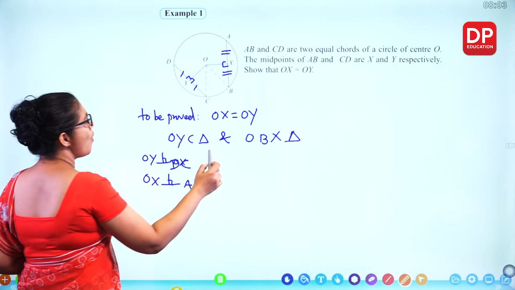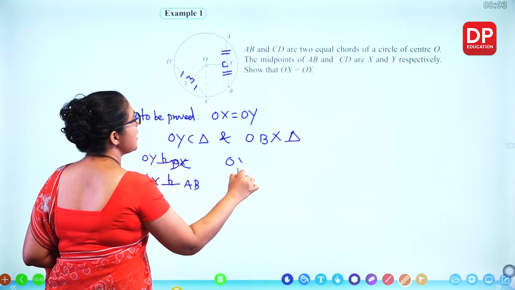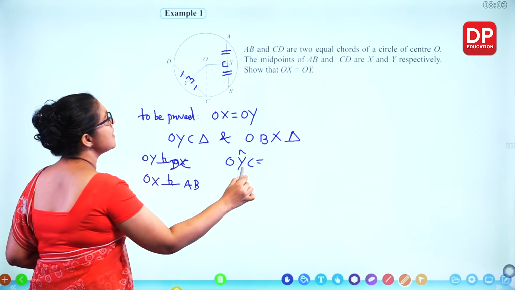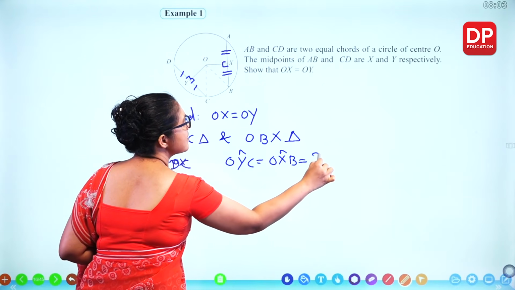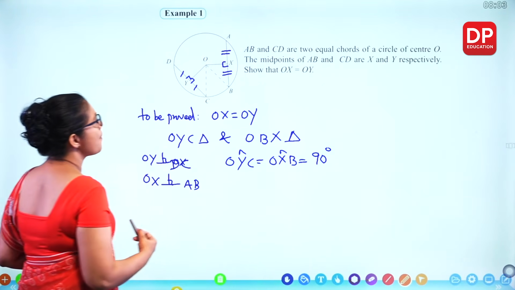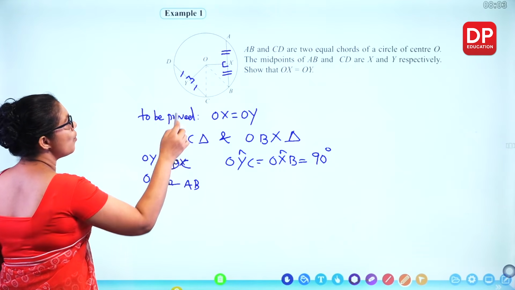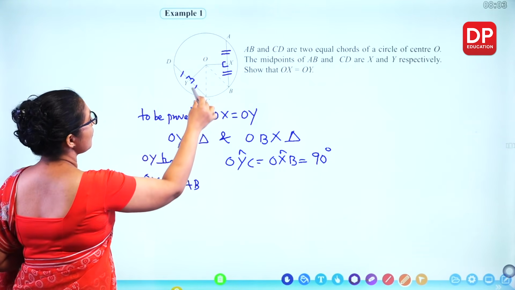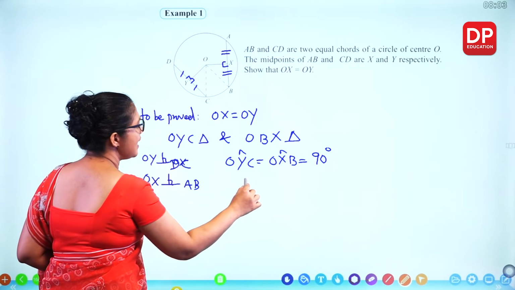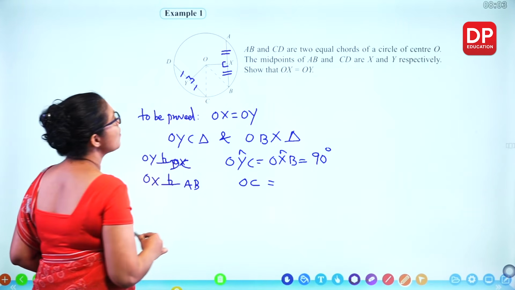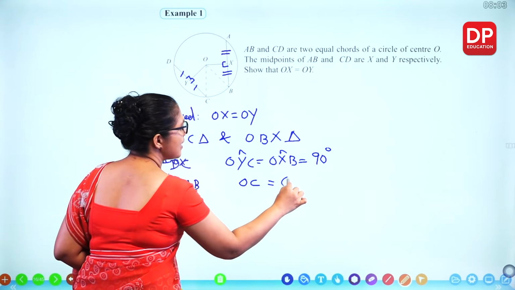And we can see these two are right angle triangles. So here OYC angle is same as OXB angle, that's 90 degrees. And also we know this length, OC length is equal to OB.